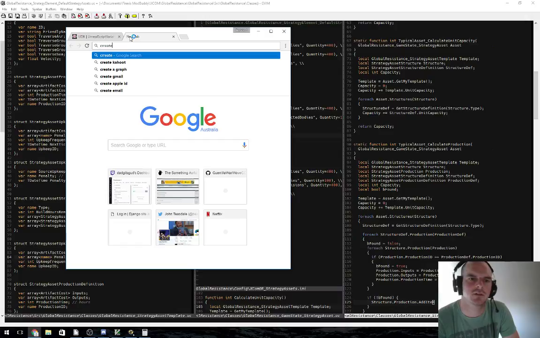Can you create a blank struct in Unreal Script?